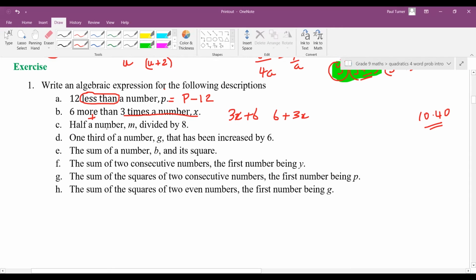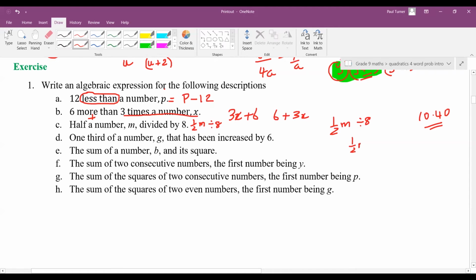Half a number M divided by 8. So half a number M. So half M divided by 8. So let's write that here. Half M divided by 8. That's okay, but you could simplify that, couldn't you?